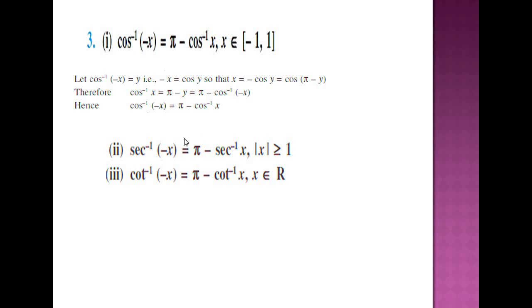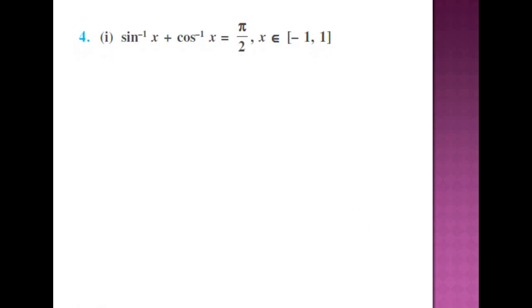Whereas for sine inverse, cosec inverse and tan inverse, simply you have to write the negative sign before the inverse trigonometric function. So this is the property that you need to remember. The way this has been proved, you can prove these two on the same lines.